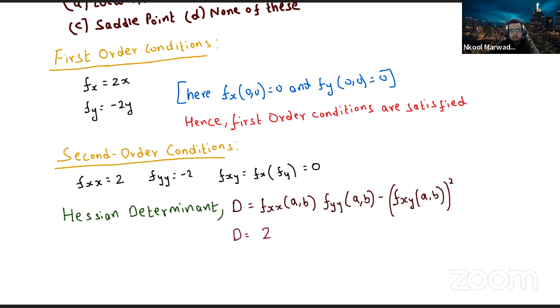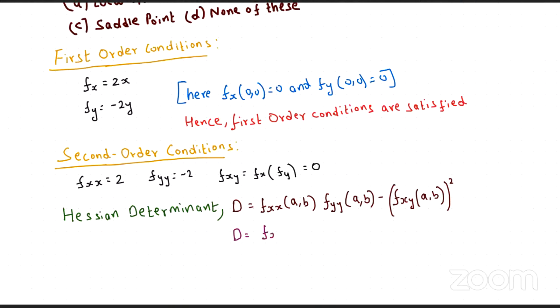So I will write one more step. Because here the stationary point is 0, 0.